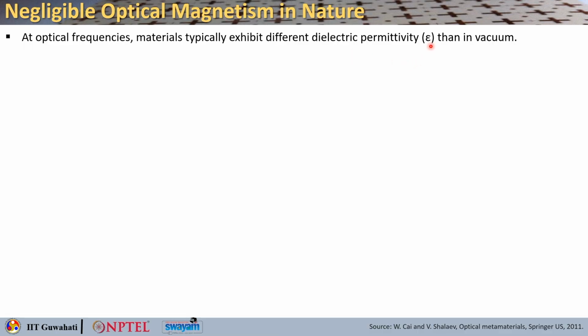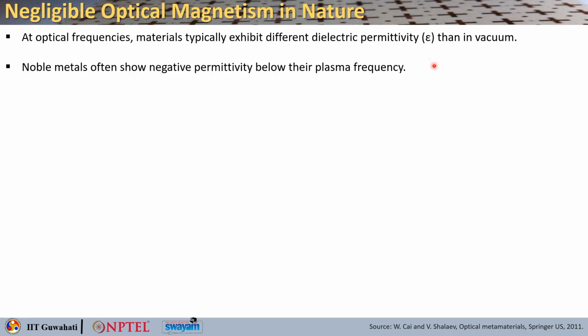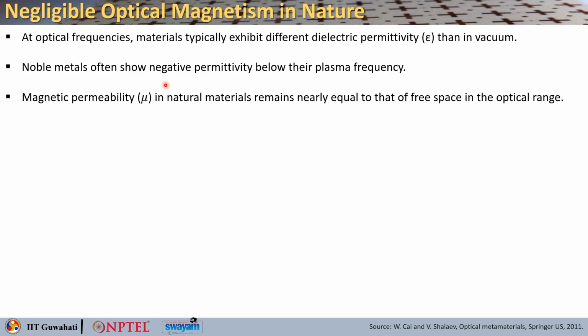At optical frequency, it has been found that all natural materials typically exhibit a dielectric permittivity epsilon different from that in vacuum. We have also seen that noble metals often show negative permittivity below their plasma frequency.